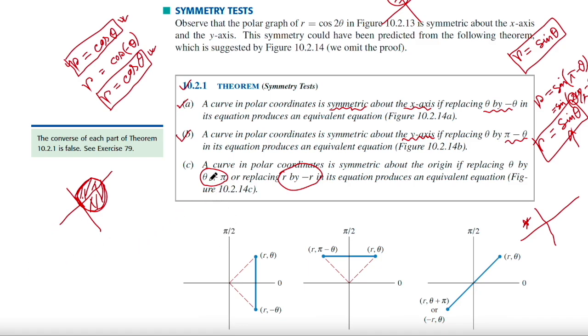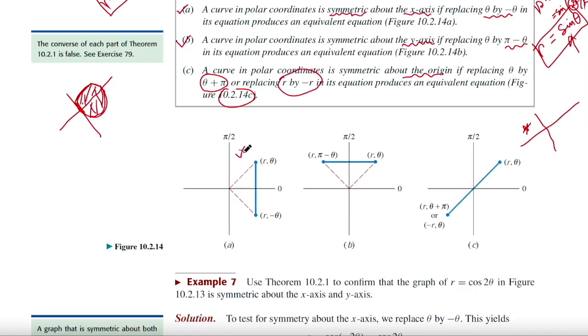So if you put theta plus pi for theta or minus r for r and you get back your previous equation, it means the curve is symmetric about the origin. This figure indicates that the curve is symmetric to the x-axis. This figure indicates that the curve is symmetric to the y-axis, and this figure indicates that the curve is symmetric to the origin. Does it make sense?